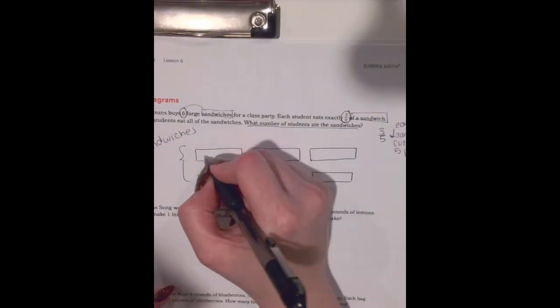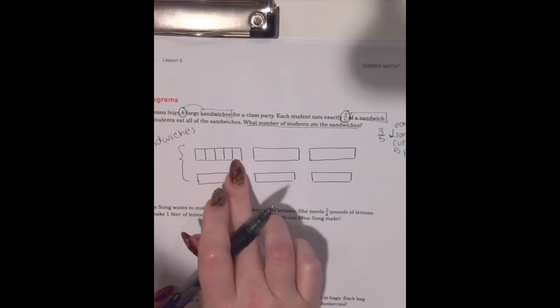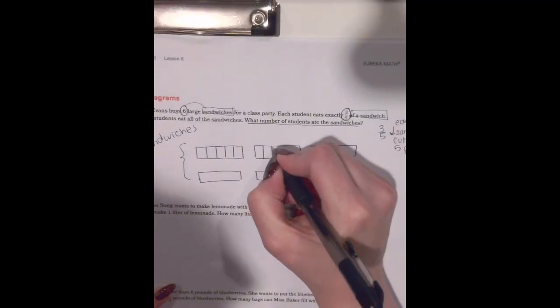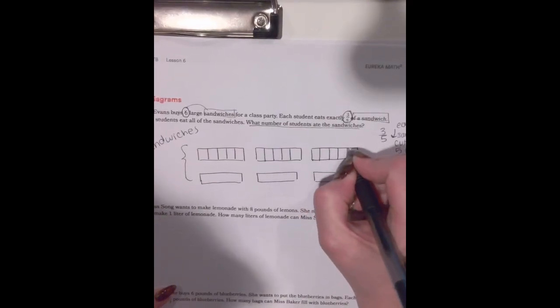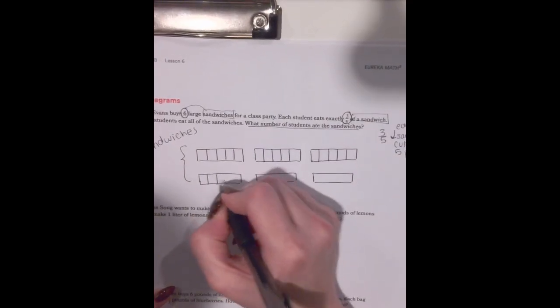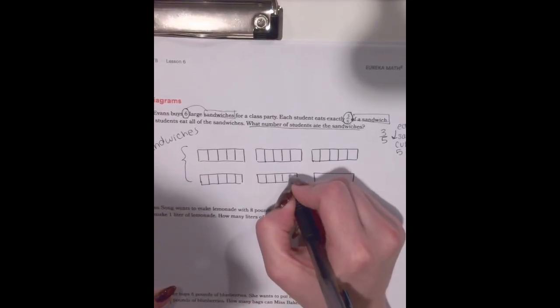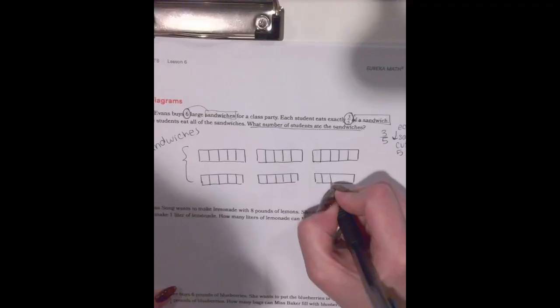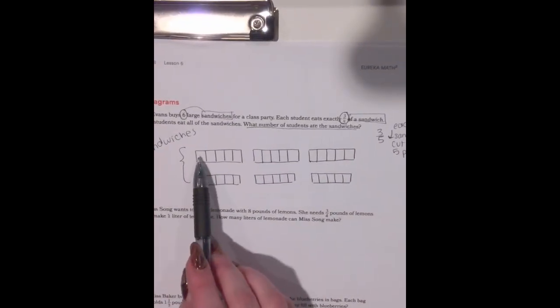So for this one, we're going to have 1, 2, 3, 4, 5 pieces. So each of these sandwiches should have 5 boxes.